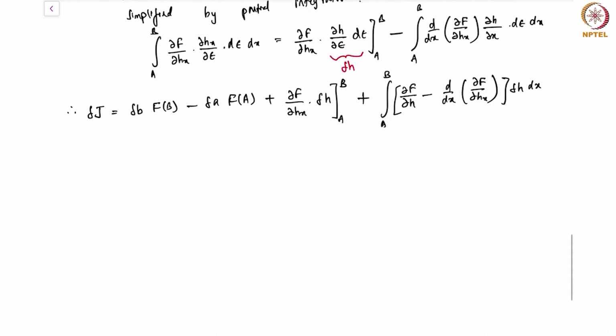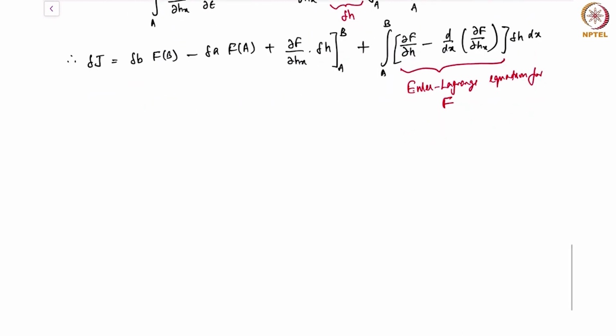So note that this expression in this integral is nothing but the Euler-Lagrange equation for capital F. Okay, right? So let's now understand these variations. What about these variations at the contact line positions?